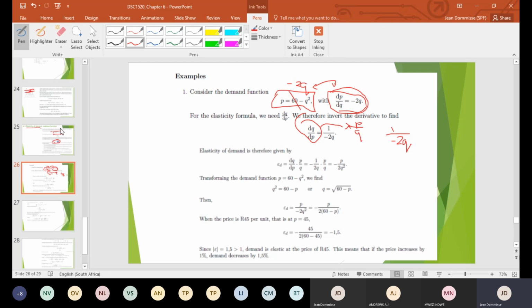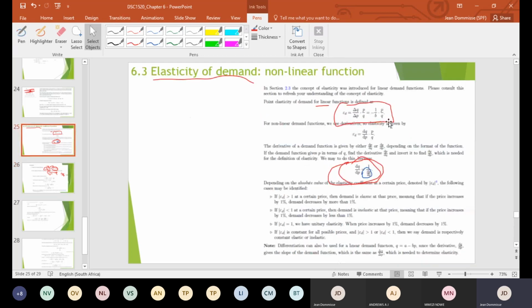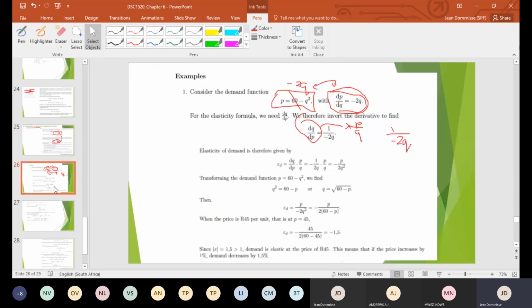So that was the original, p over q, so that part was basically replaced with that. Okay, so now if we do that, we have p over q times 1 over minus 2q.